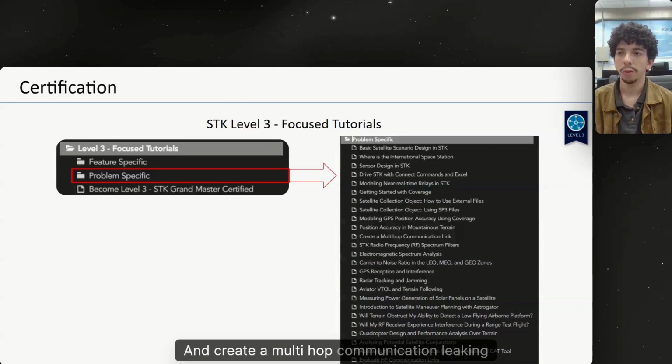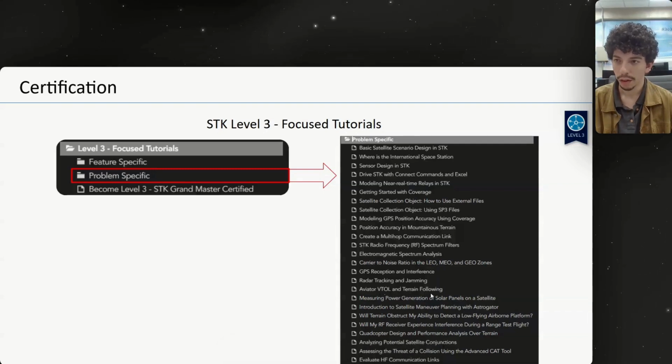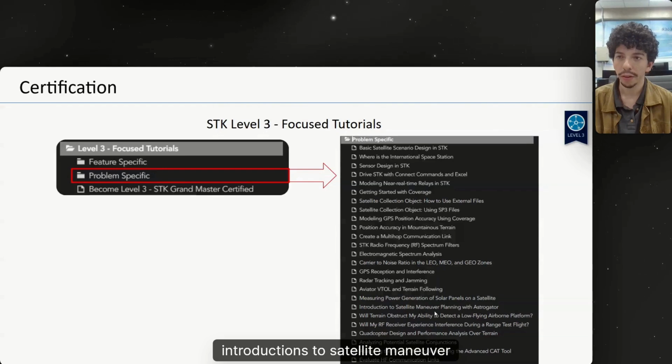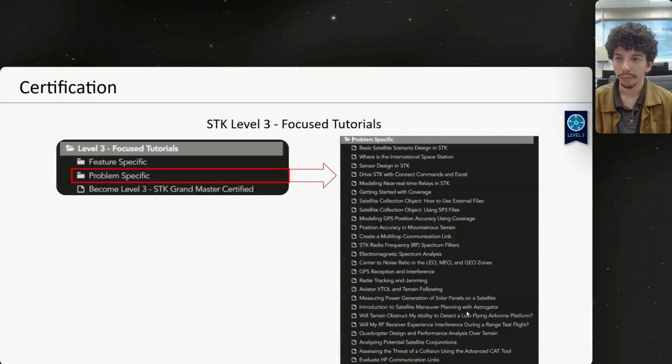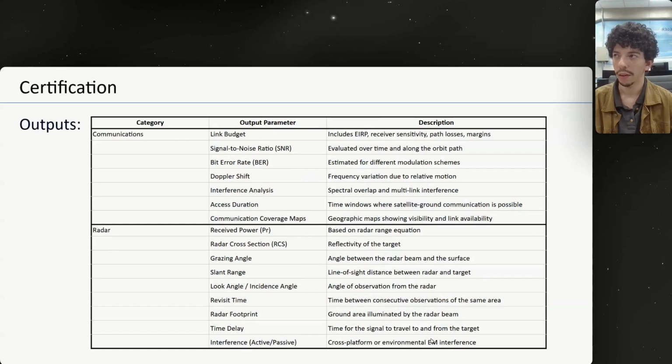And create a multi-hop communication link, STK radio frequency or RF spectrum filters, carrier to noise ratio in the LEO, MEO, and GEO zones, GPS reception and interference, radar tracking and jamming, aviator VTOL and terrain following, introductions to satellite maneuver planning with Astrogator, analyze potential satellite conjunctions, and evaluate ATF communications links.